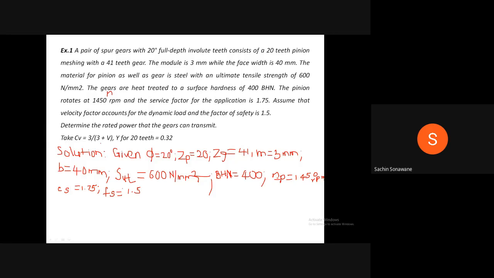And they have given us that Cv is equal to 3 divided by 3 plus V. And they have given that Y for 20 teeth is equal to 0.32. Here Y value they have given, that is Lewis form factor, 0.32. Therefore, this is the given data.